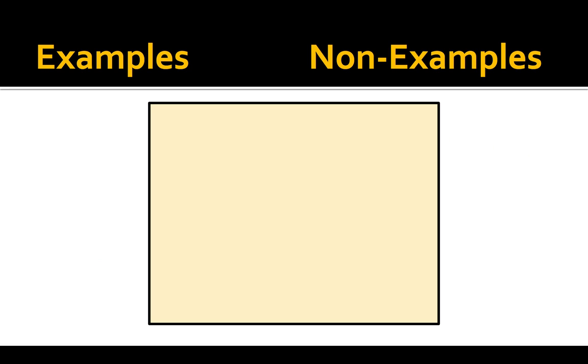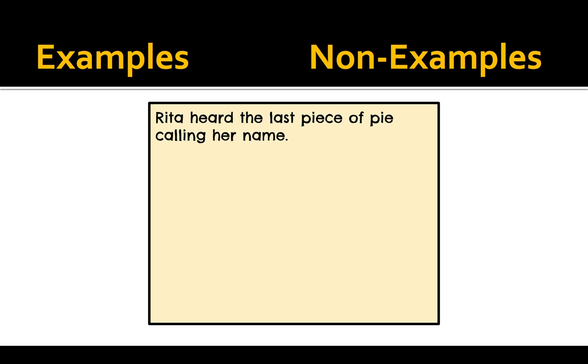Okay. So for our next slide, I have a list of examples and non-examples. I want you guys to try to decide which one is personification and which one is not personification. I'll give you a few moments and then I will go to the next slide with the answers. So, Rita heard the last piece of pie calling her name. Is it personification or not personification?